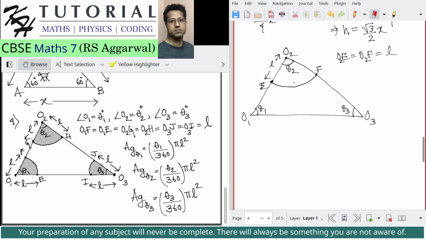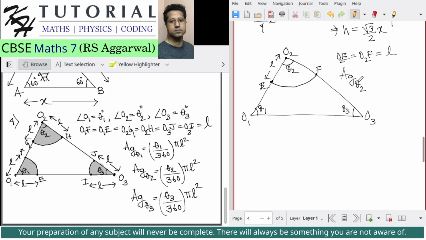Let me clarify. The maximum area of grazing of the animal when it is tied at the vertex O2, where the angle of the triangle at vertex O2 is theta 2, I am referring to as A G theta 2. I hope it is clear.